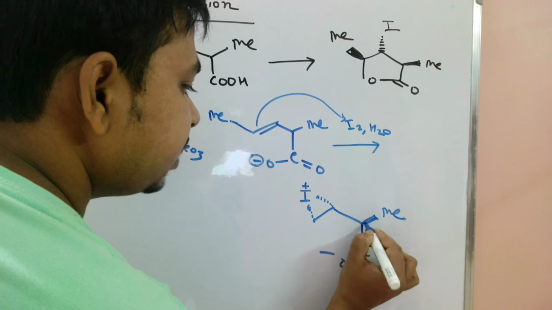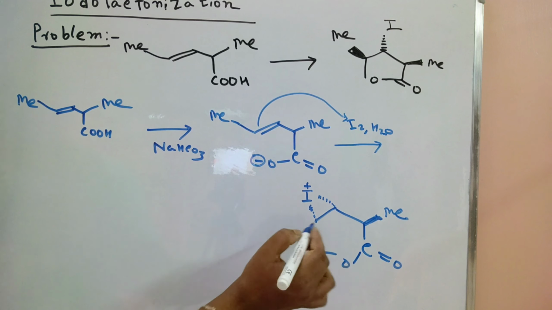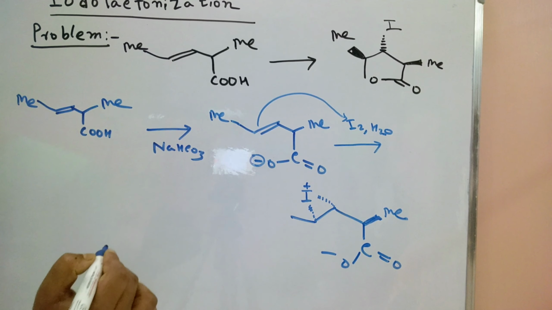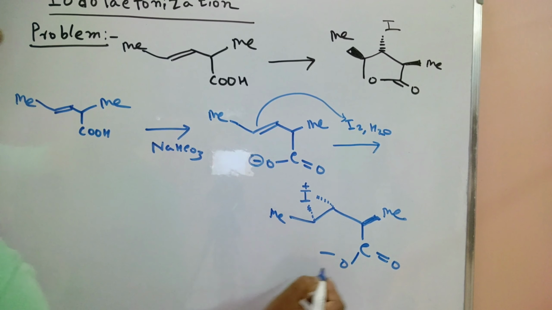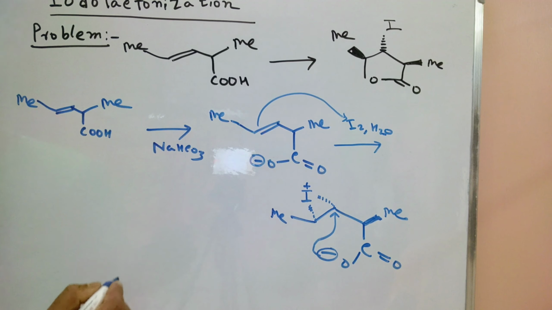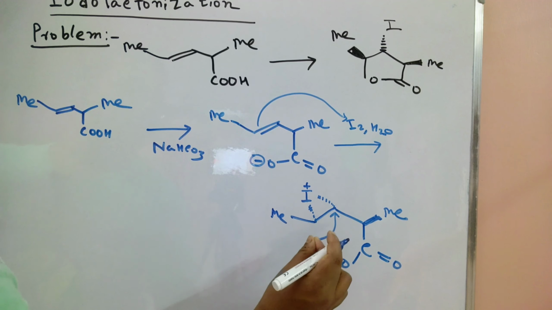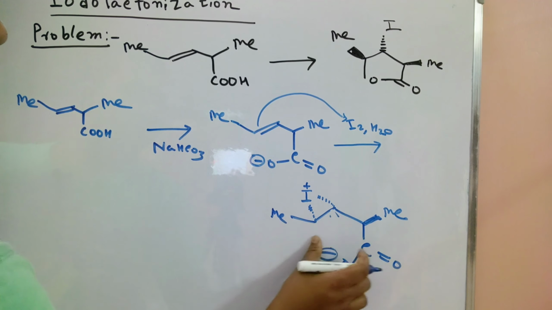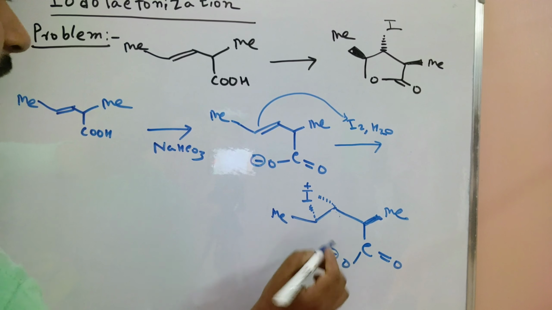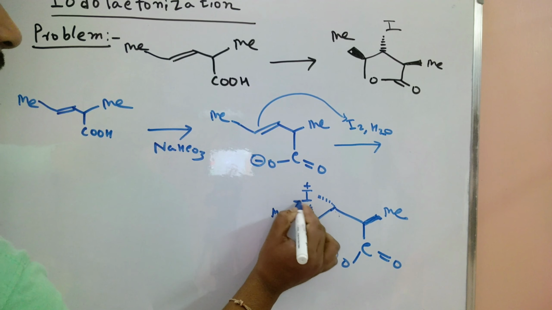So this methyl is in the upward position here, but after formation of this cyclic product, one methyl is present here, so this minus charge attacks on that center, where the carbocation after attack can cyclize, the stability is very important. So here the possibility is on that center, so this one is broken.